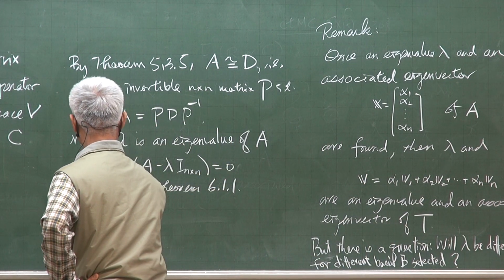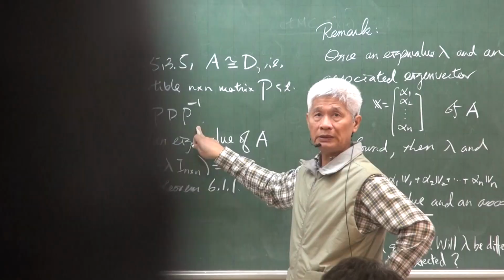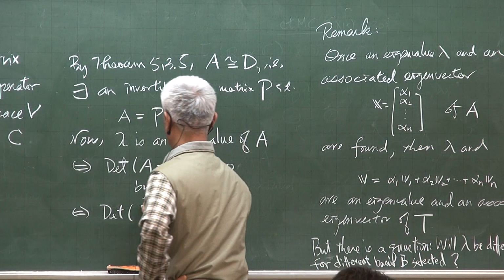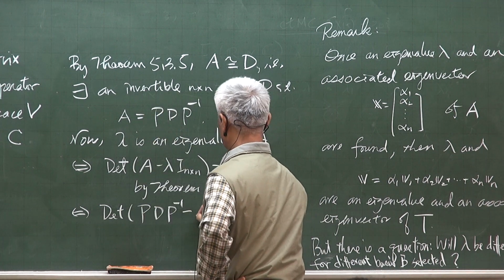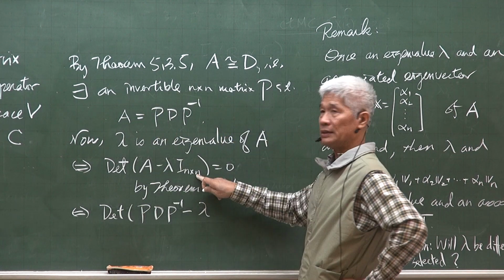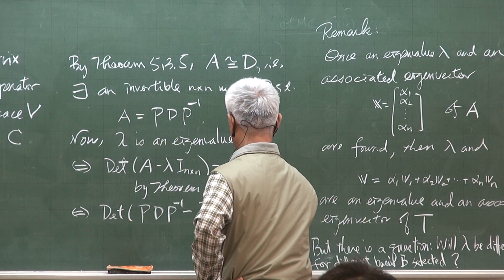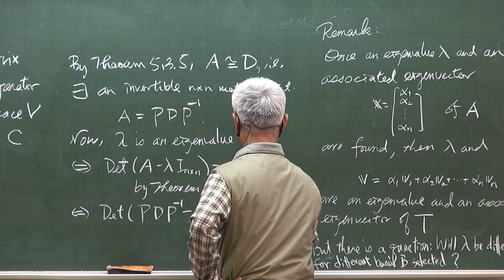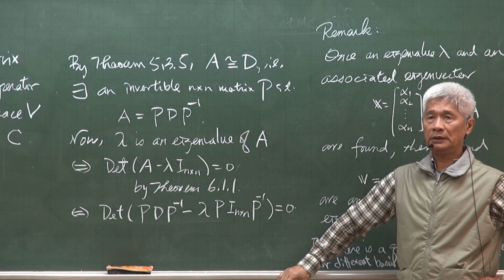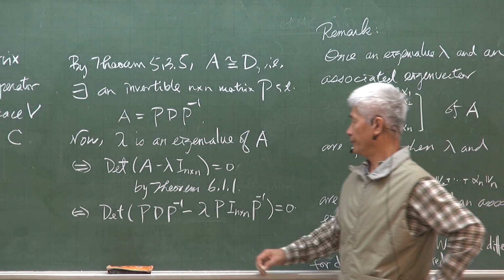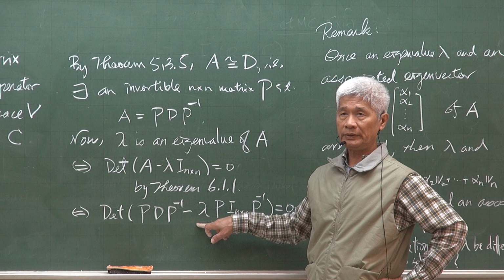Now, because A is equal to P inverse D P, we have P inverse (D minus lambda I) P equals 0, where identity can be written as P inverse P. Any problem with this condition?